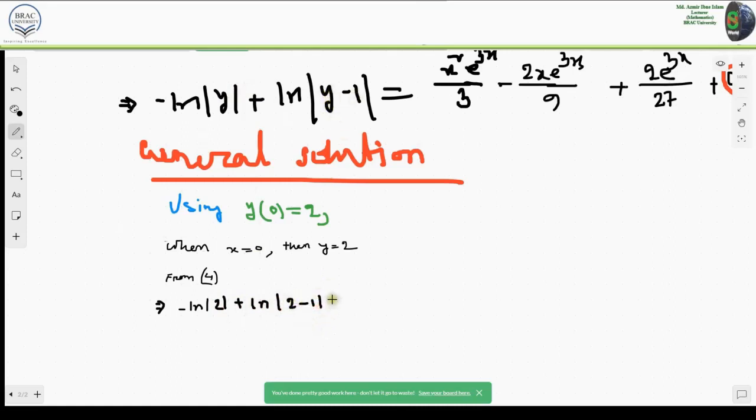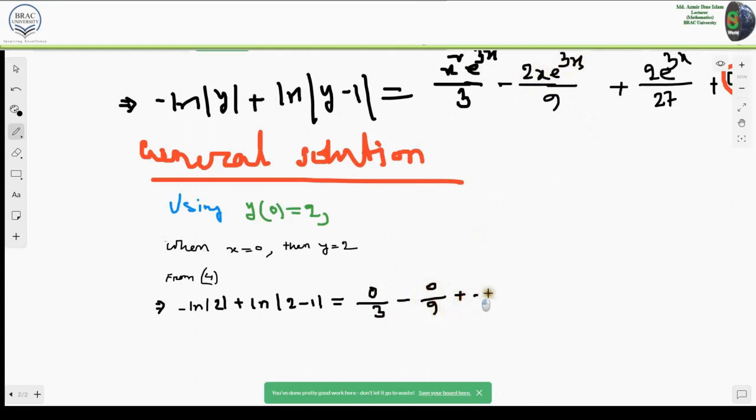Here we have y negative 1, so here 2 negative 1 equal to, since we have x square term and x square is 0, so 0 times something, that will be 0. 0 over 3, it will be also 0. Similarly here 0 times something, that will be 0, so that means we have 0 over 9.